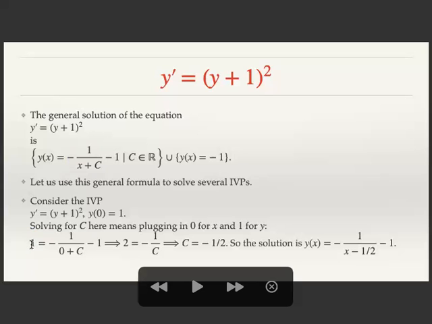This means that 1 = -1/(0 + c) - 1. Solving this equation for c, first I add 1 to both sides, so I get 2 = -1/c. So this means that c = -1/2.